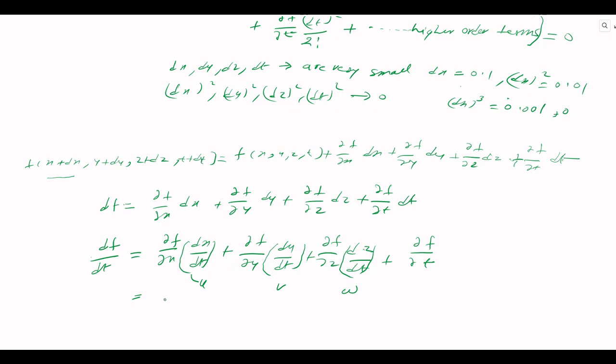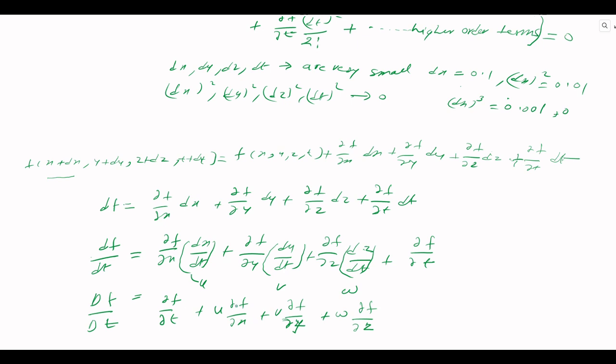So partial f by partial t plus u df by dx plus v df by dy plus w df by dz, and I am writing this as the full derivative, Df by Dt.